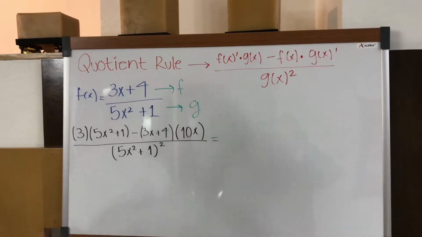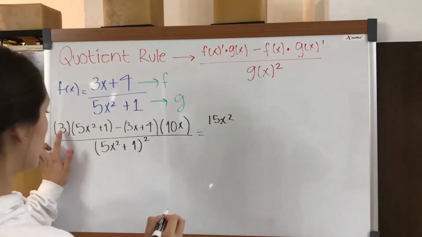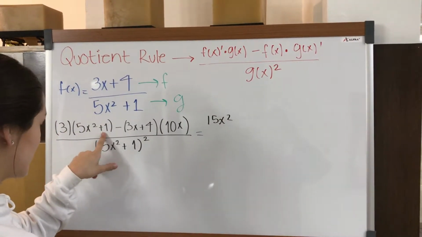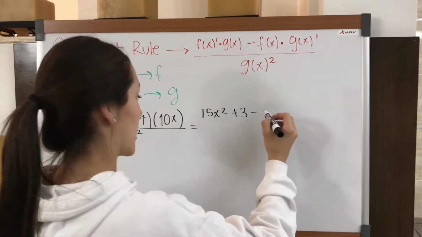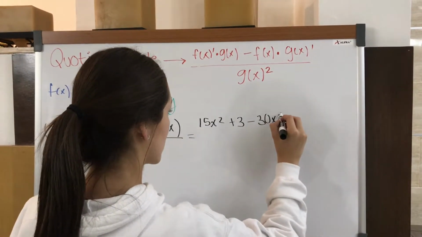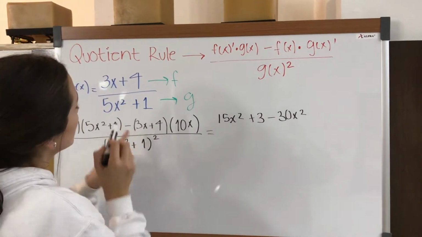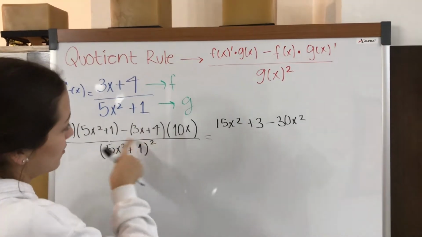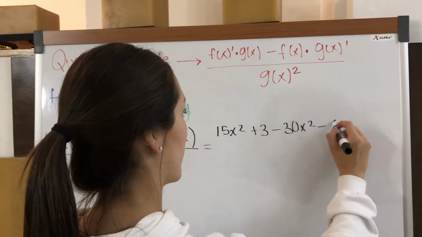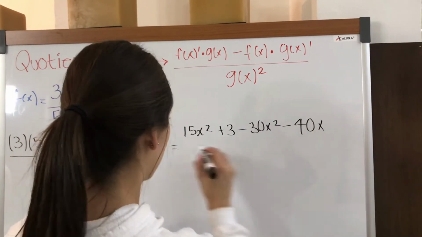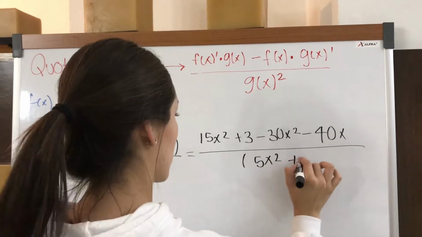So you have to do the multiplication, that is 15x squared, 3 multiplied by 1 plus 3, minus 3 times 10, 30x squared, and the negative sign changes all inside of the parentheses, so it's 4 times 10x, you get minus 40x divided by (5x squared plus 1) squared.